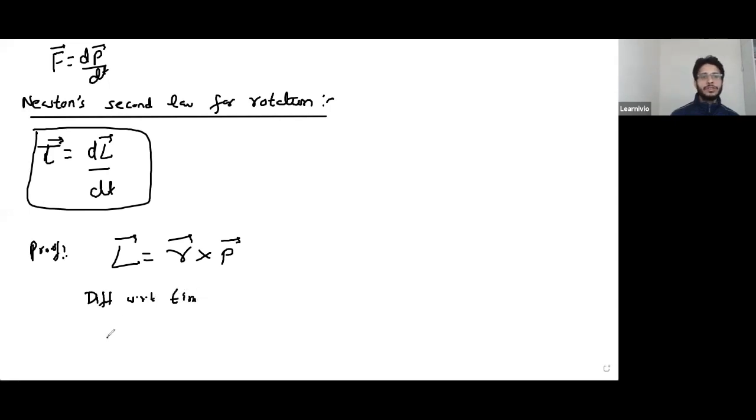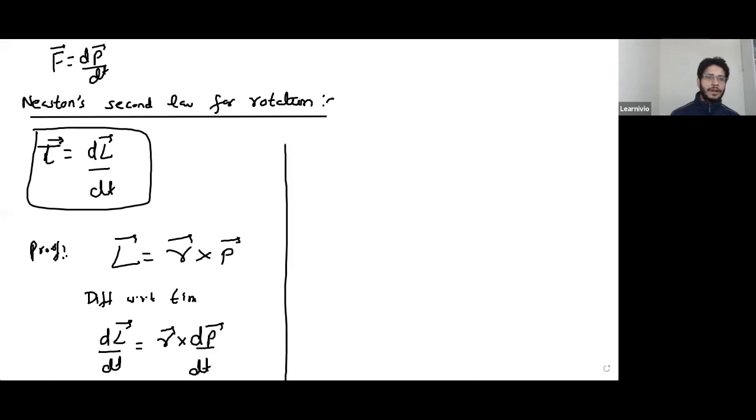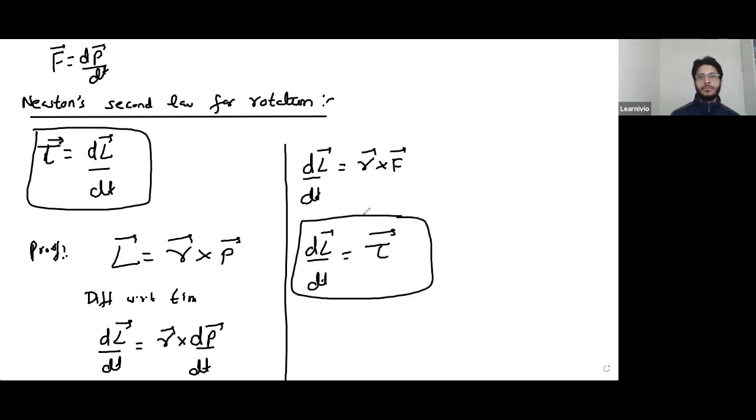When I differentiate this, this is dL over dt. r is constant, cross dp over dt. You can write dp over dt as F. So your dL over dt comes out to be r cross F. And what is r cross F? Torque. This is Newton's second law: torque is the rate of change of angular momentum. Torque is dL over dt.